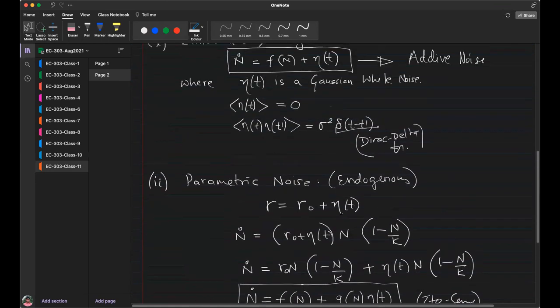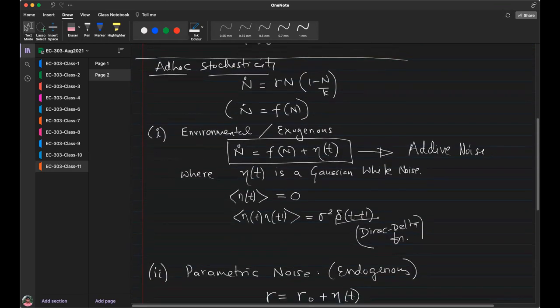Okay, any questions so far? I've just described how to add noise. Let me know if you have any questions. Any questions?